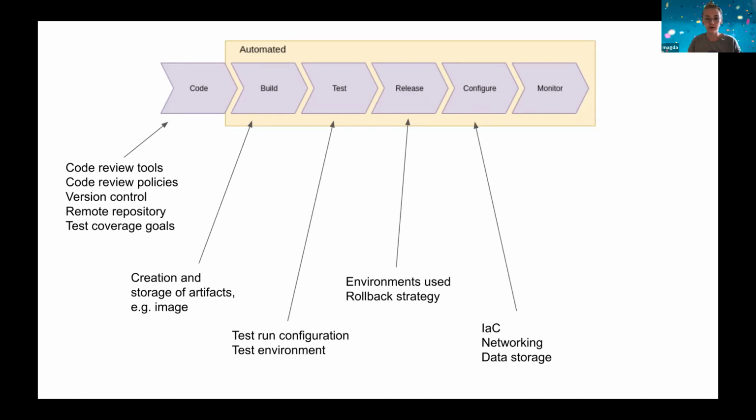Then we go to the configuration phase, where you probably have some kind of infrastructure as code, setting up the networking for your application and also data storage. And finally, we have the monitoring phase, where we have, for example, alerts set up, monitoring things like CPU usage and response time.